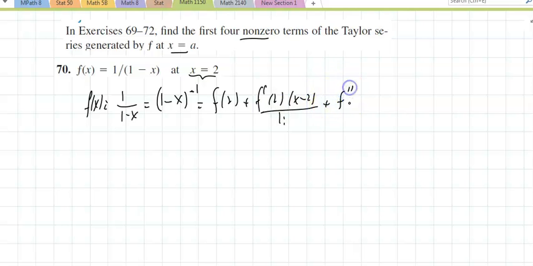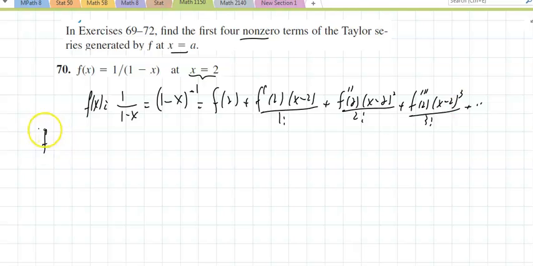Plus f double prime at 2 times x minus 2 squared over 2 factorial plus f triple prime at 2 times x minus 2 cubed over 3 factorial, and the list goes on, but that's all we want. So I need f, which is 1 minus x to the negative 1, evaluated at 2.